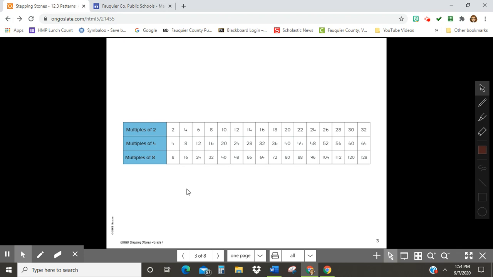What links all the different multiples together? 2, 4, and 8, how are they linked together?